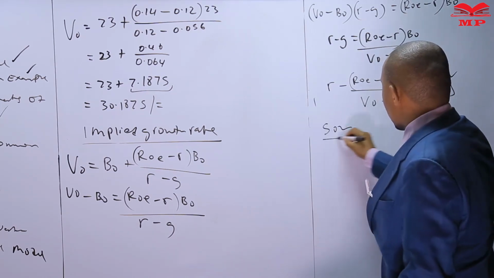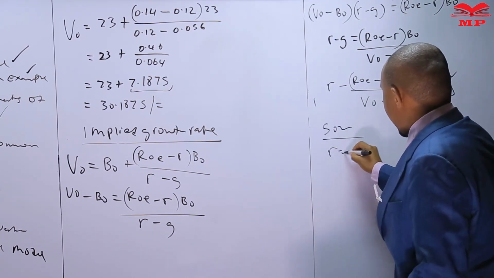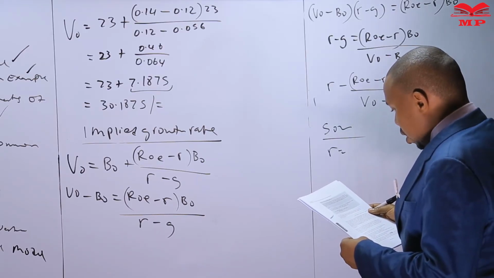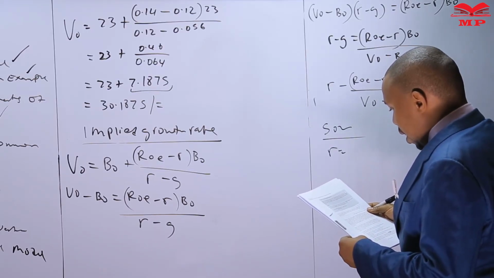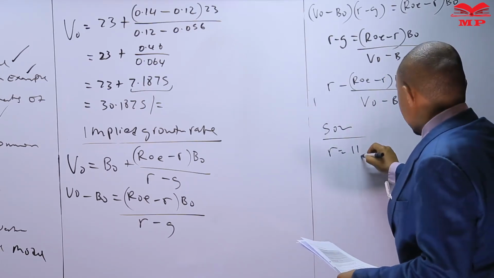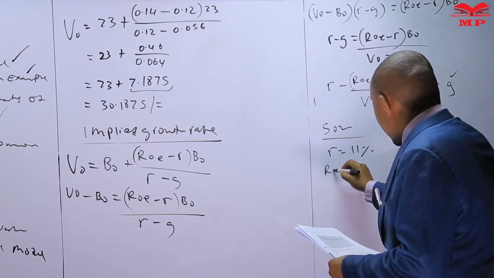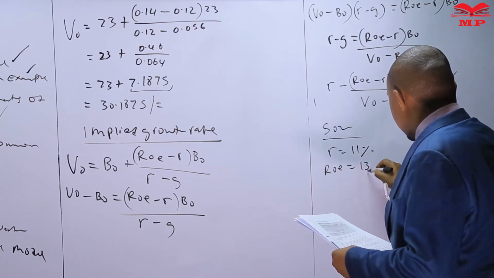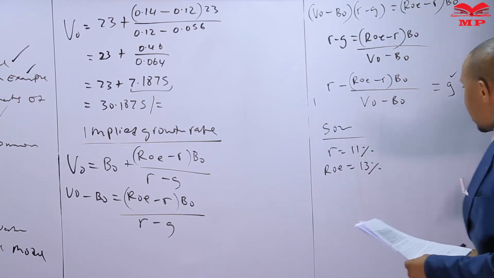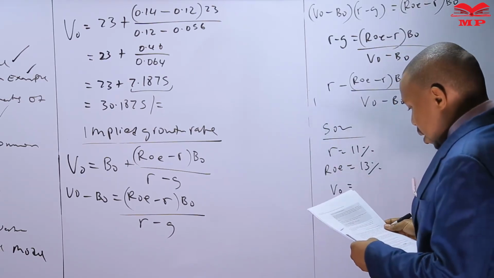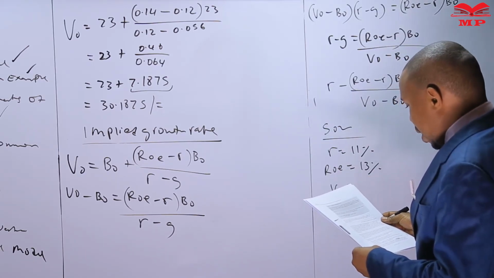So, solution: do we have R? R, the required return, is the cost of equity, 11%. ROE we've also been given as 13% there. Do we have the value of the share?